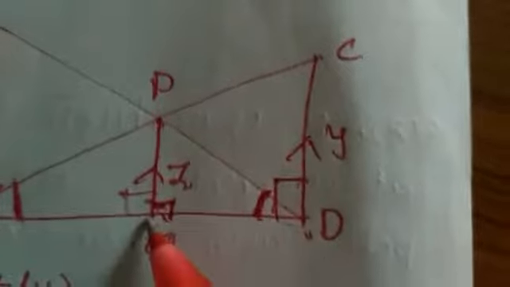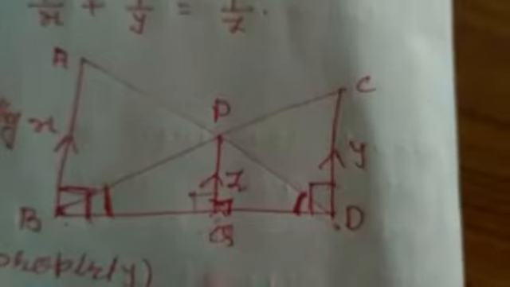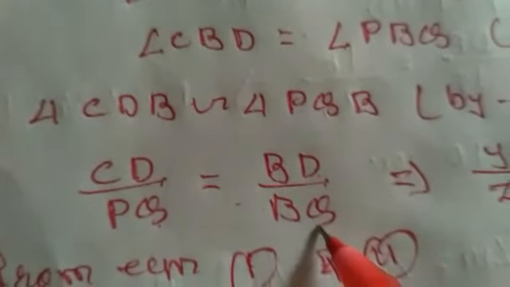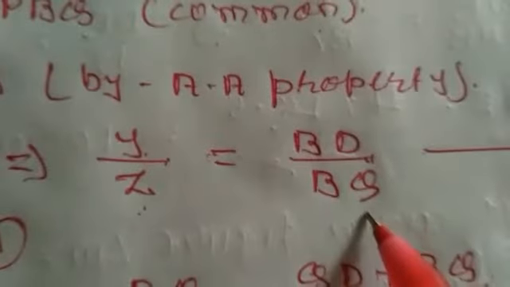So we can write CD by PQ, their corresponding sides, let's see in the figure, CD by PQ equals BD by BQ, and CD was Y and PQ was Z. So we write Y by Z equals BD by BQ.